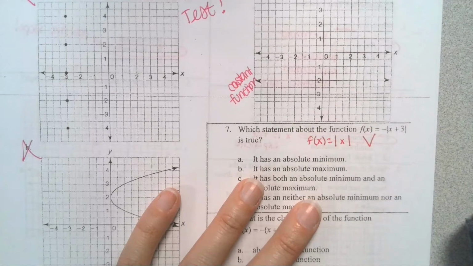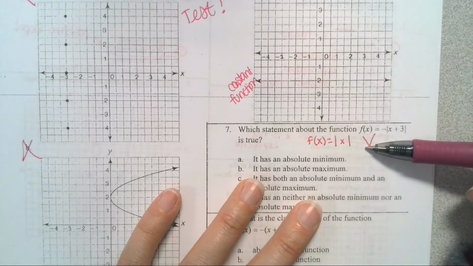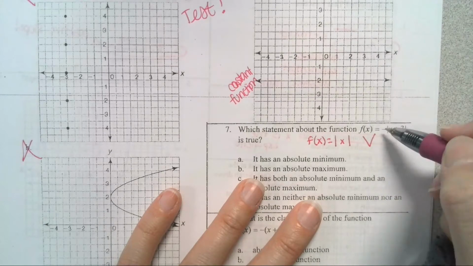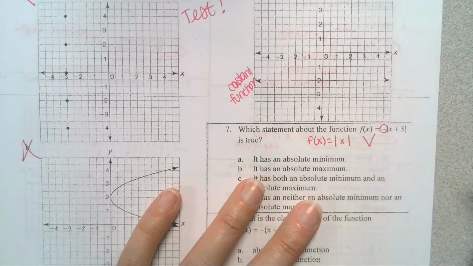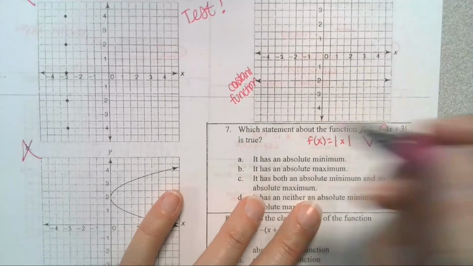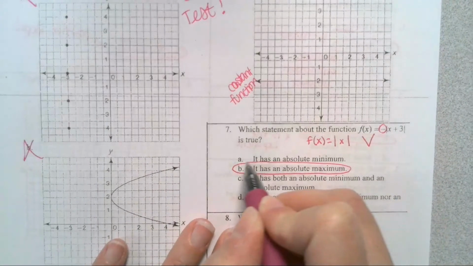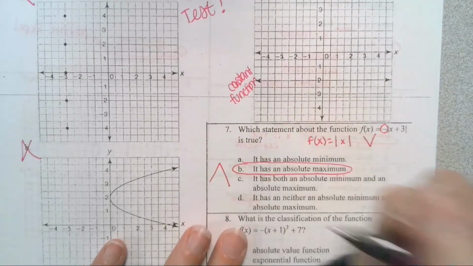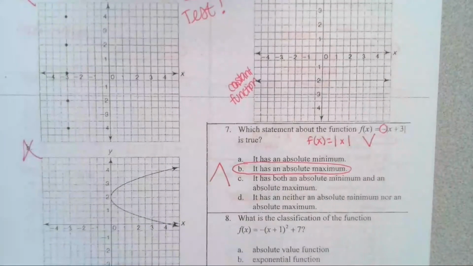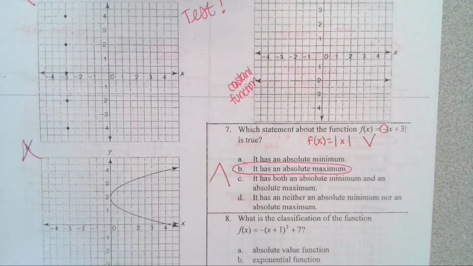It opens up. It looks like a V. That has a minimum, right? It's got a lowest point. So now, if we're taking this and making it negative, that means we're flipping it upside down. So it will have an absolute maximum because it will be shaped upside down, like a mountain instead of a V. So far, so good?